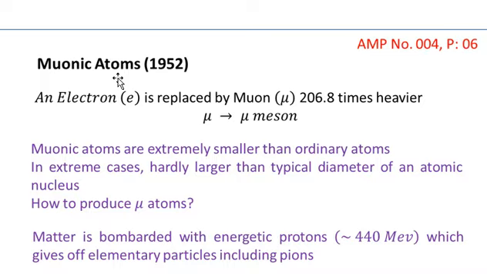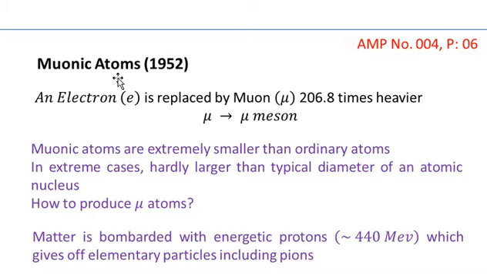When an atomic nucleus captures such a particle, which we call a muon, then such an atom is called a muonic atom. Muonic atoms also have very interesting parameters, and their spectra can be explained similarly to the spectra of hydrogen-like atoms.